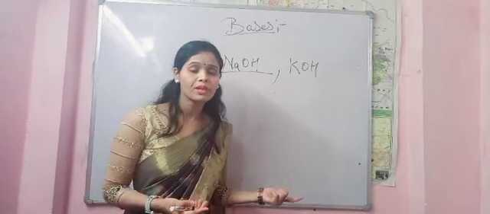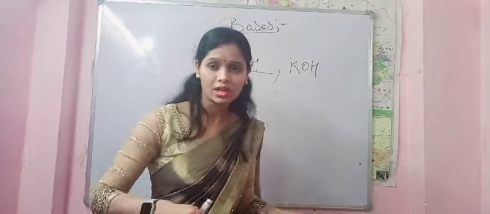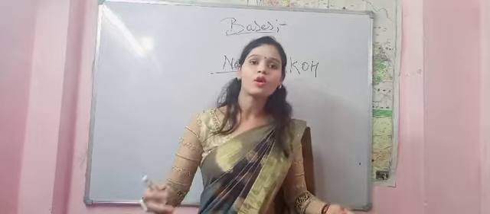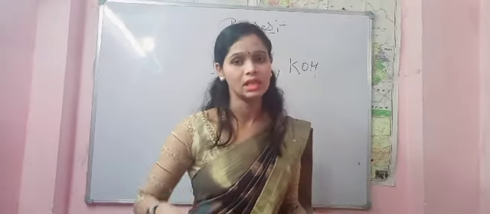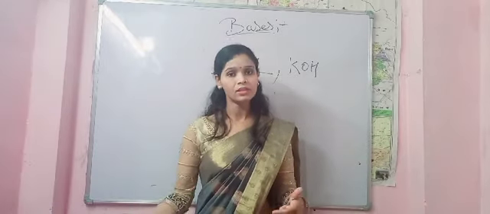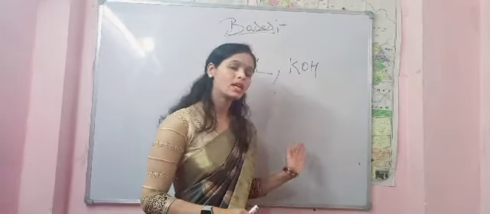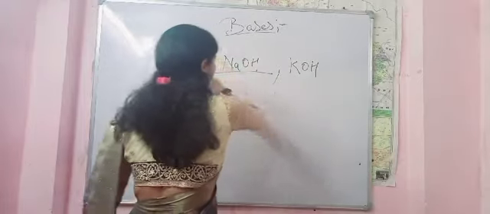What are strong bases? What are weak bases? Bases that release OH minus only partially when in contact with water are called weak bases, whereas bases that completely release OH minus ions in contact with water are known as strong bases. So KOH and NaOH are examples of strong bases.